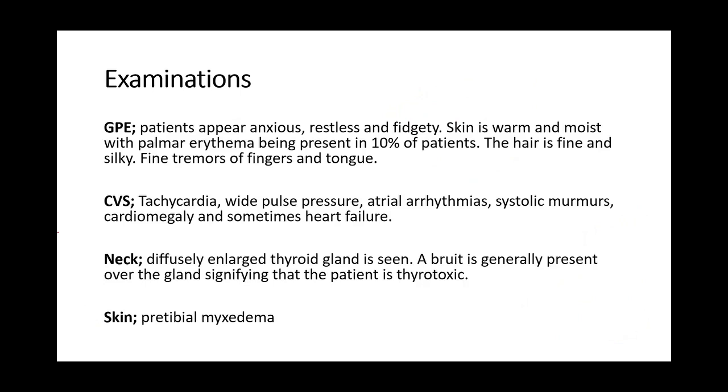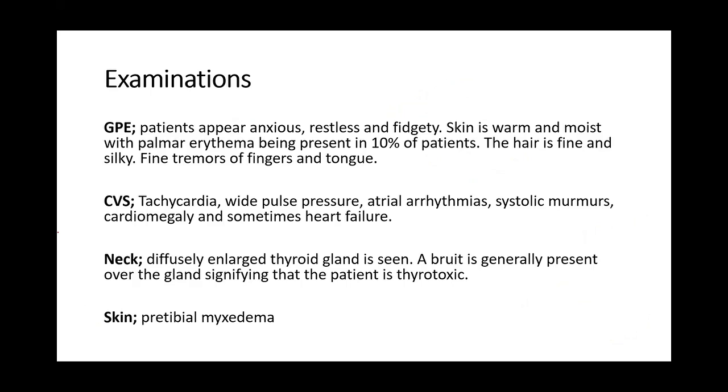Now you do a general physical examination, the patient will appear anxious, restless, and fidgety. The skin is warm and moist, with palmar erythema being present in 10% of patients. The hair is fine and silky, with fine tremors of the fingers and tongue.